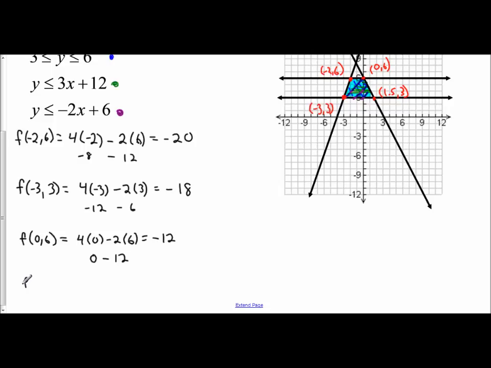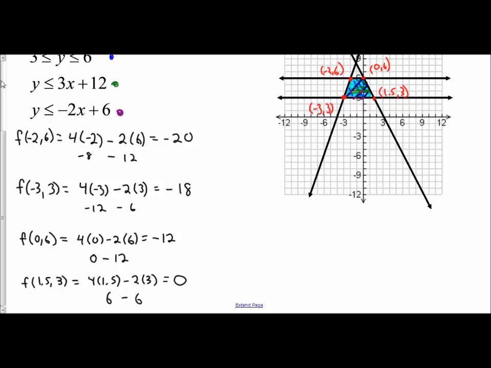And the last coordinate is the 1.5, 3. So you have 4 times 1.5 minus 2 times 3. And so you have 6 minus 6, which is 0. So now I found all the values of my function based off my vertices.